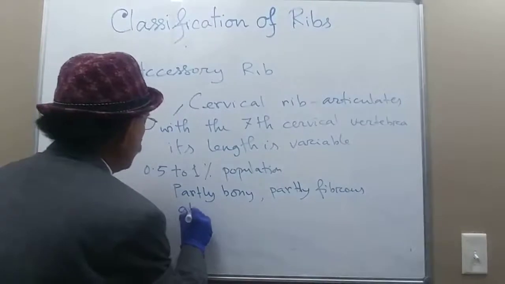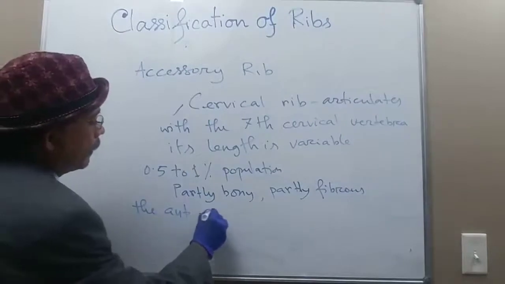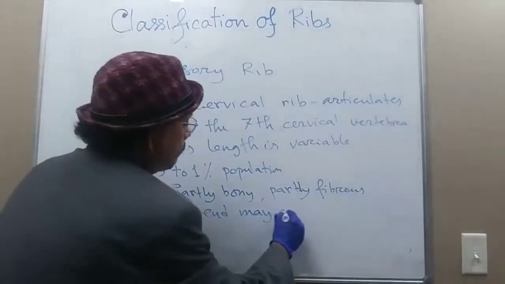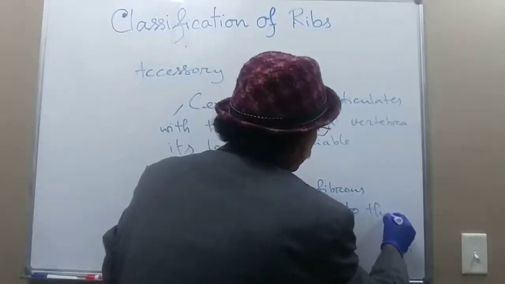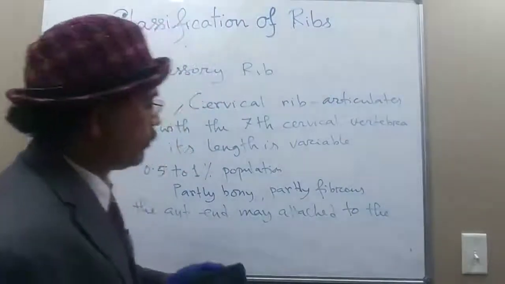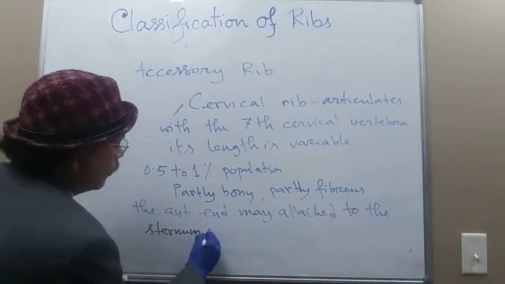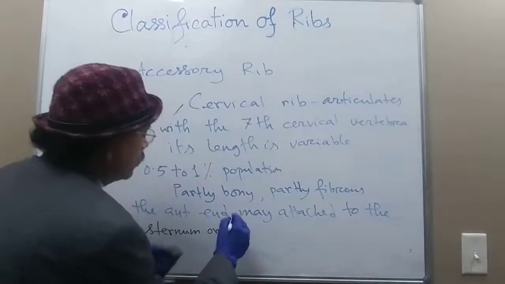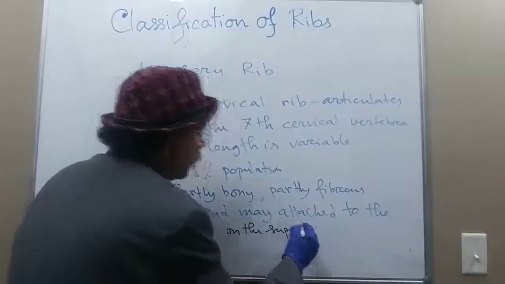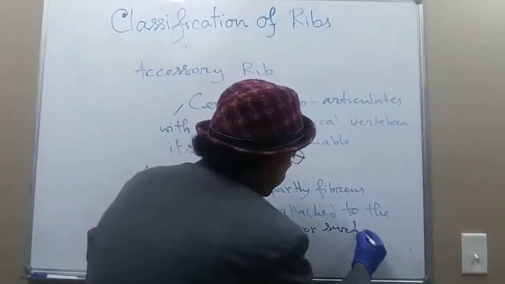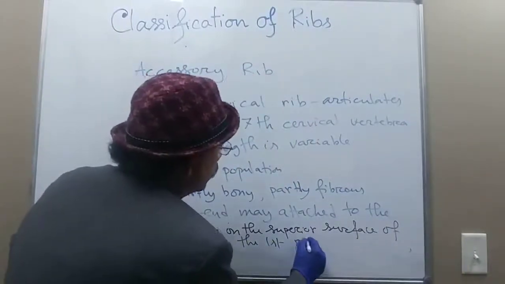The anterior end may attach to the sternum or on the superior surface of the first rib.